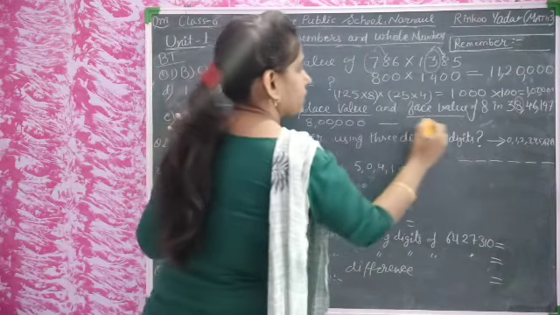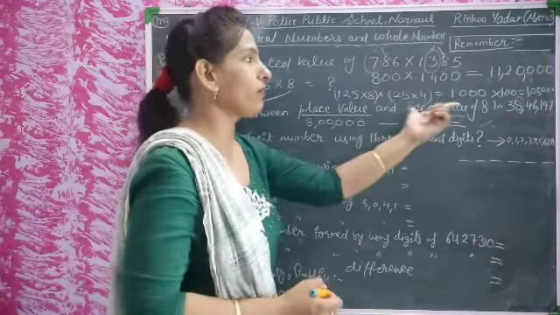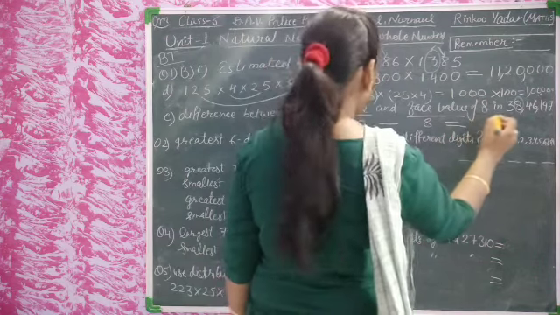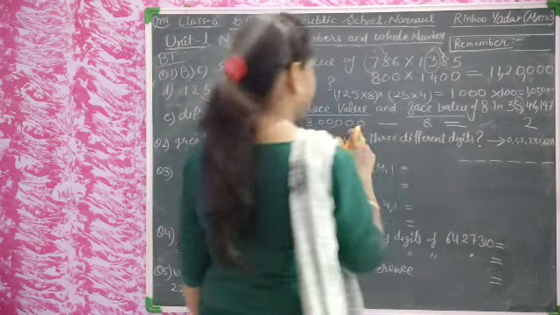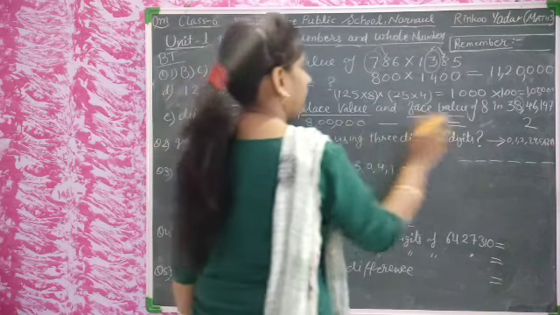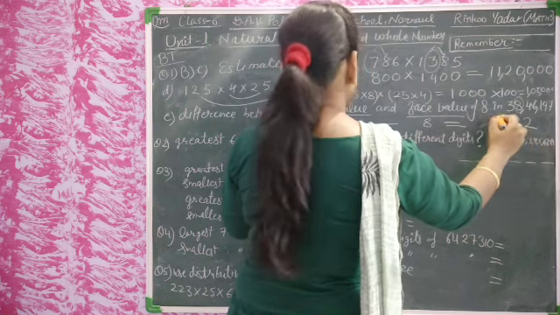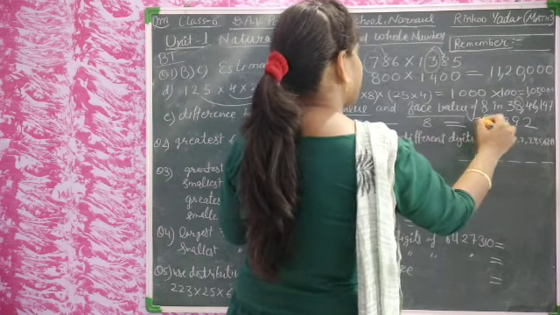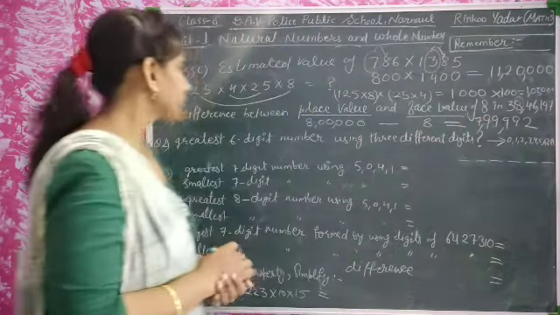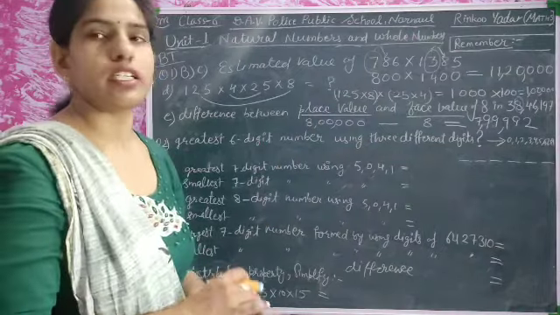So we get the difference here, 10 minus 8, that is equal to 2, and this is 9 here, 9 here, 9 here, 9 here, and this becomes 7. This is the number, that is, the difference between place value and face value of 8 in that number.